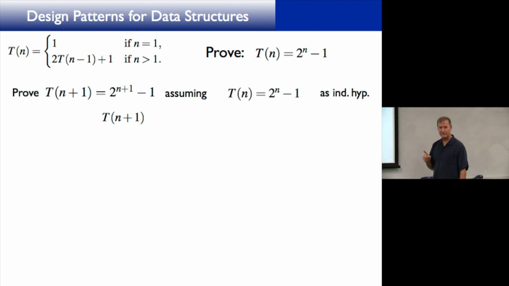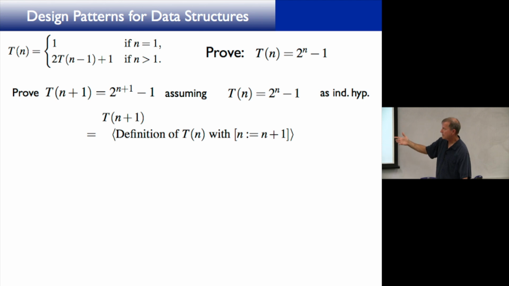Now, is everybody following? Okay. So now, what does T of n plus 1 equal? Now, what should we invoke now? The definition of T of n. But now, because this is a definition, we can use textual substitution. It's T of n with n replaced by n plus 1.